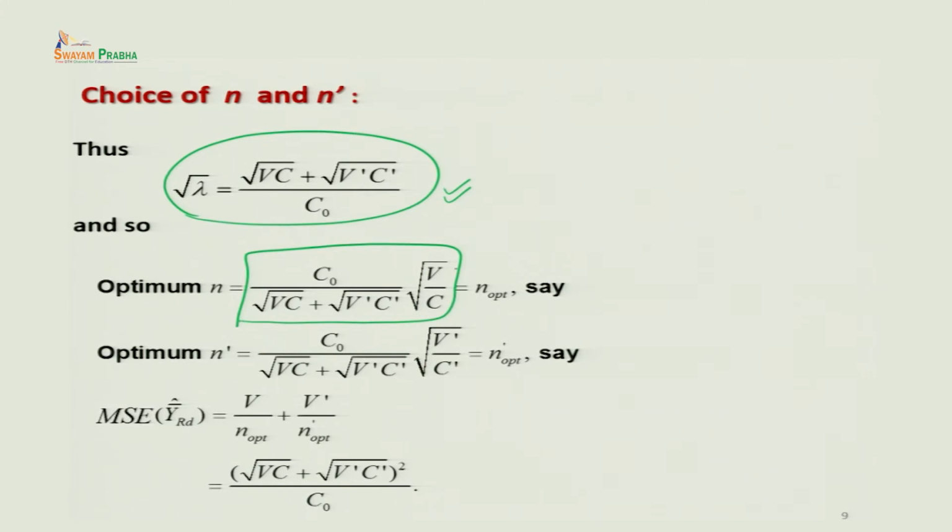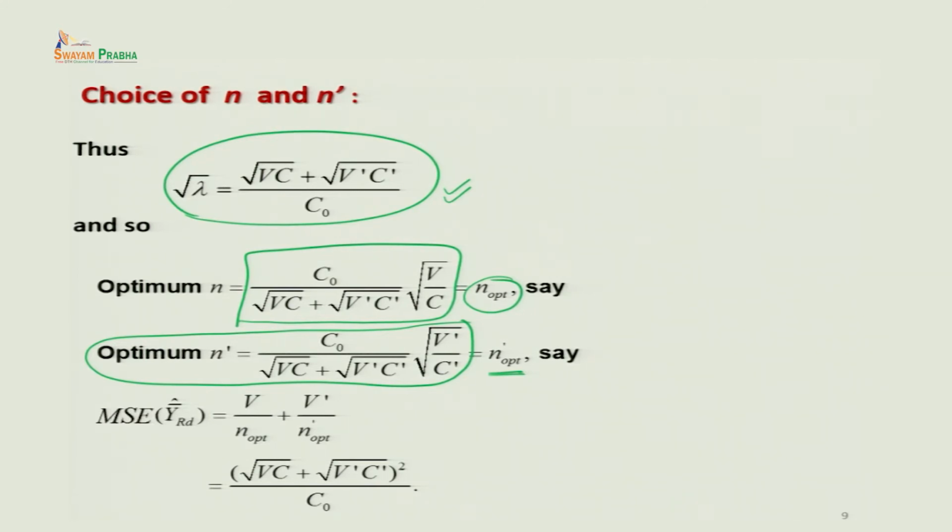So, this is the optimum value of small n, indicated here as n optimum, and similarly the optimum value of n prime comes out like this, indicated here as n prime optimum.